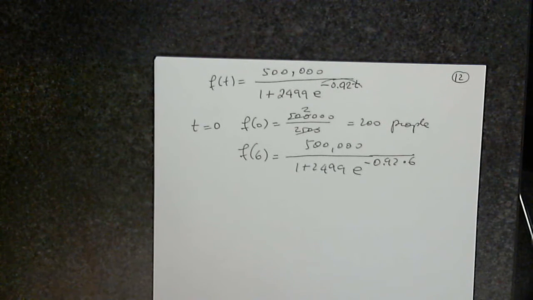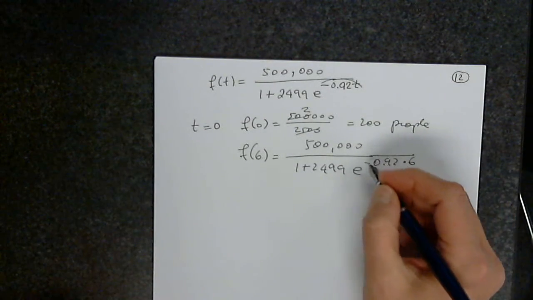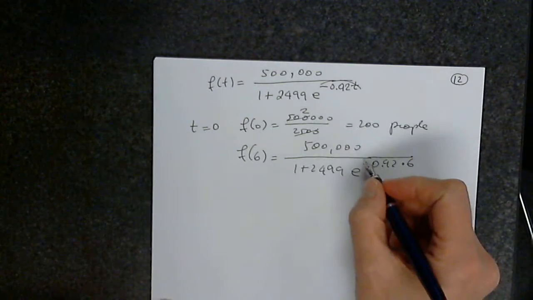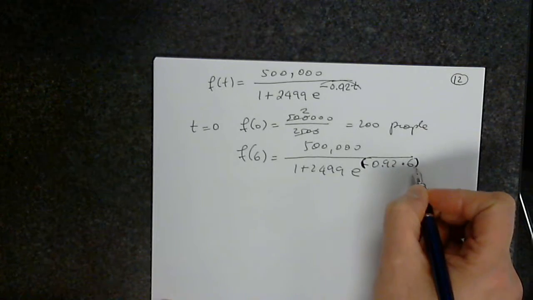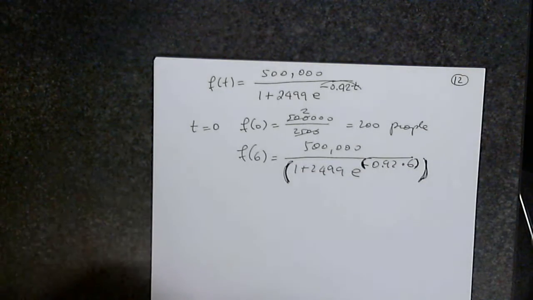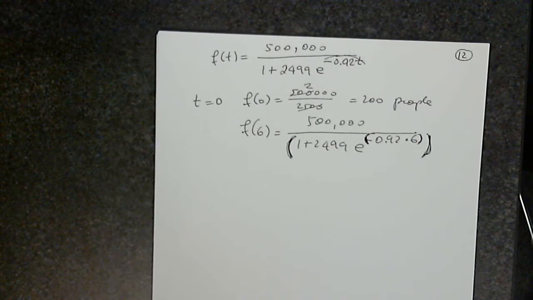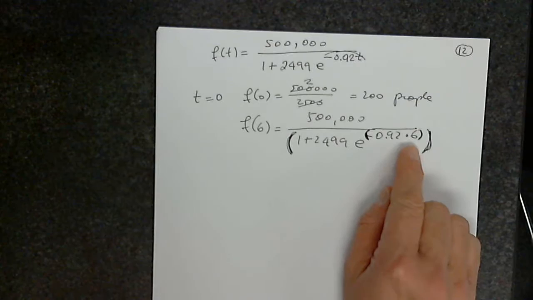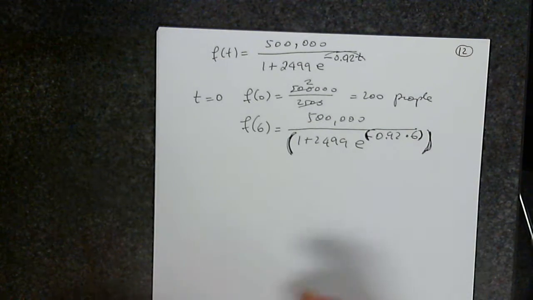Okay. But it's very important how you put it in the calculator. I think this software works differently, but if you don't put parentheses here and here in the graphing calculator, you will not get the correct answer. You have to have parentheses around the power and around the denominator.